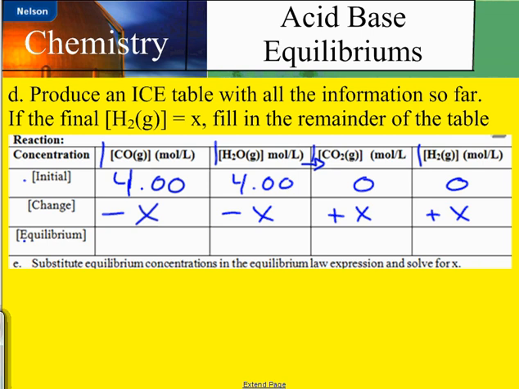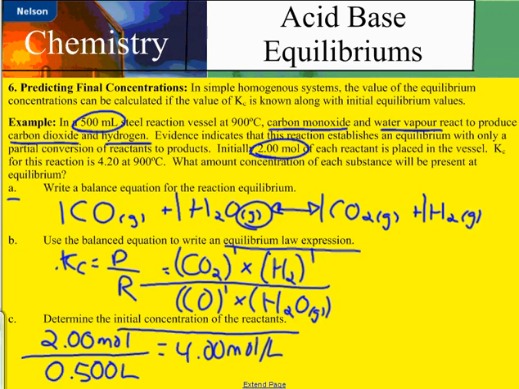So then in this case, at equilibrium, I would have 4 minus whatever the change is. Okay, and these I would have 0 plus X, so we'll have X moles per liter. Now I can use the equilibrium law expression to solve for X. If we go back to the question, it tells us what the K value is, so I need to know the K value to be able to solve for X. And we're going to sub those numbers into our equilibrium expression that we just set up.